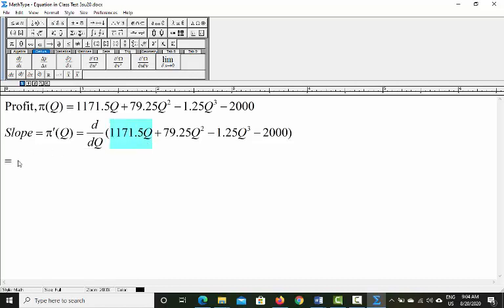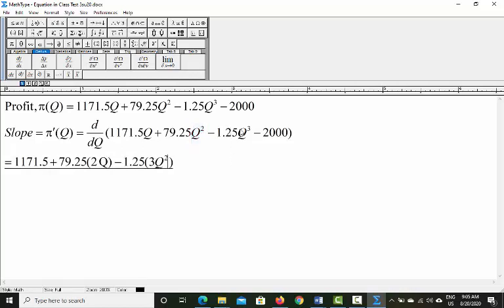If you do differentiation of this one, what we will get? 1171.5 plus, and then we have this coefficient, and if you do differentiation of q square, you will get 2q, minus, this coefficient will sit as it is, and if you do differentiation of q cube, you will get 3q square.